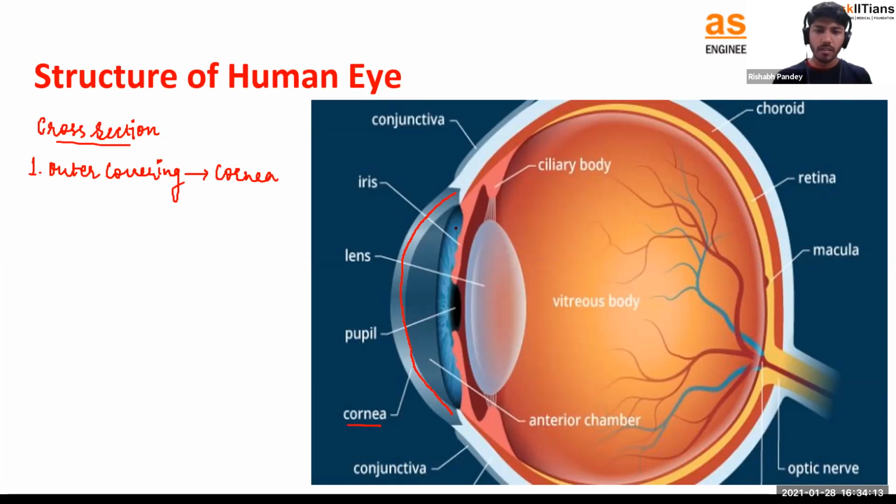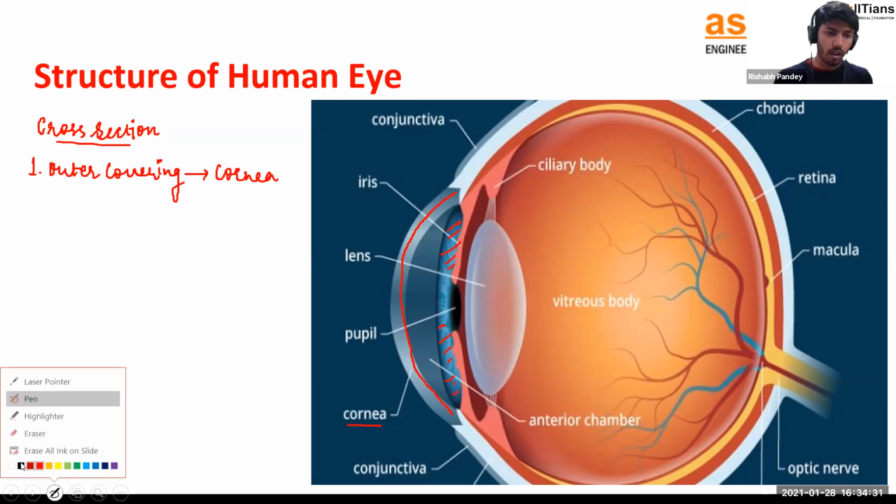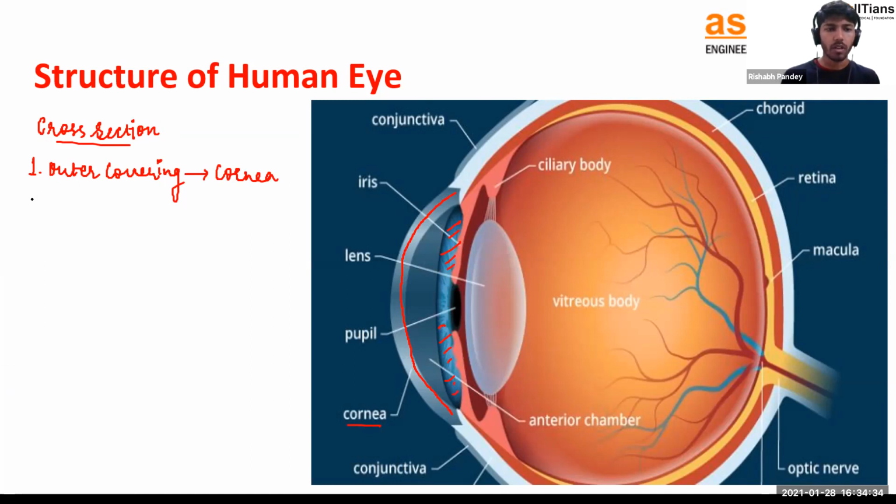This is that coloring part, and this coloring part is called the iris. The iris is quite an interesting thing to know about, because the color of the eye has been given the name iris. It depends from person to person, on various factors of genetics.